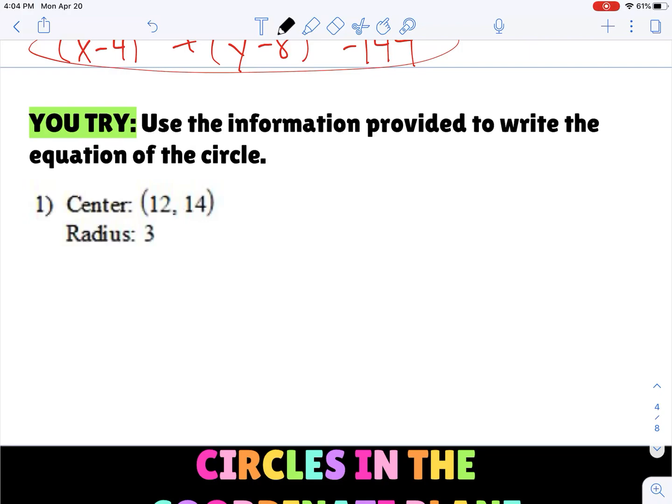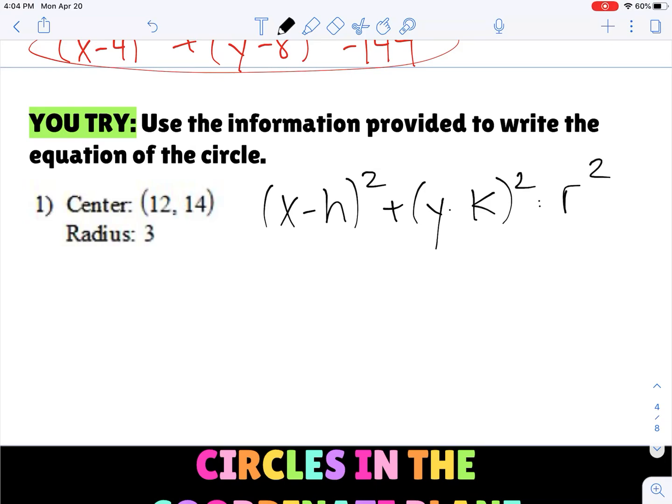Okay, so for the first thing that we're going to do, we know that the center is (12, 14) and the radius is 3. Start with standard form. I wrote that wrong. (x minus h) squared plus (y minus k) squared equals r squared. Okay, from here, you're going to substitute.